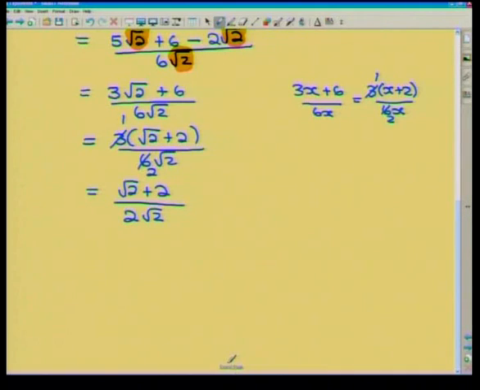Are we finished? Well, it depends what the question was about, and it also depends what your teacher wants. Most people would accept this without rationalizing, but I think it's an important time to revise this whole principle of rationalizing. What we do here is we say it's never all right to have a square root sign in the bottom of a fraction. Why?